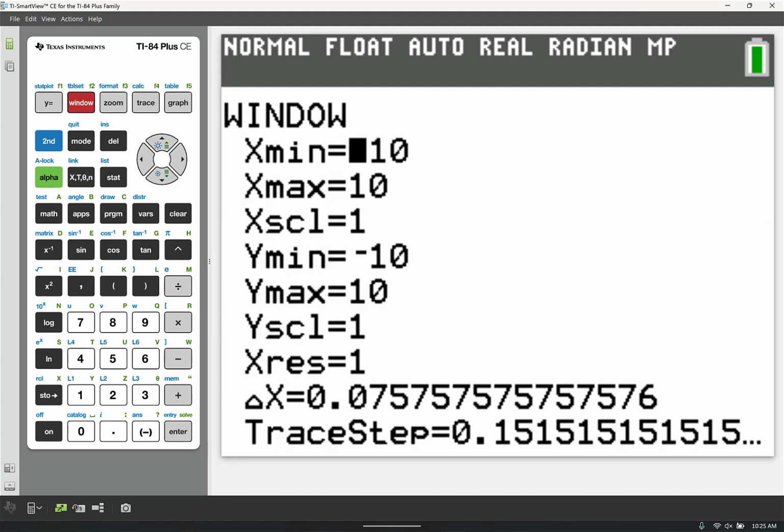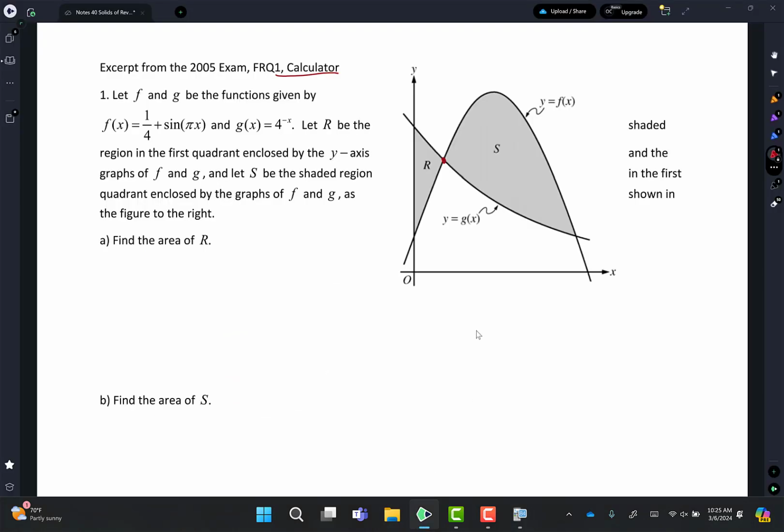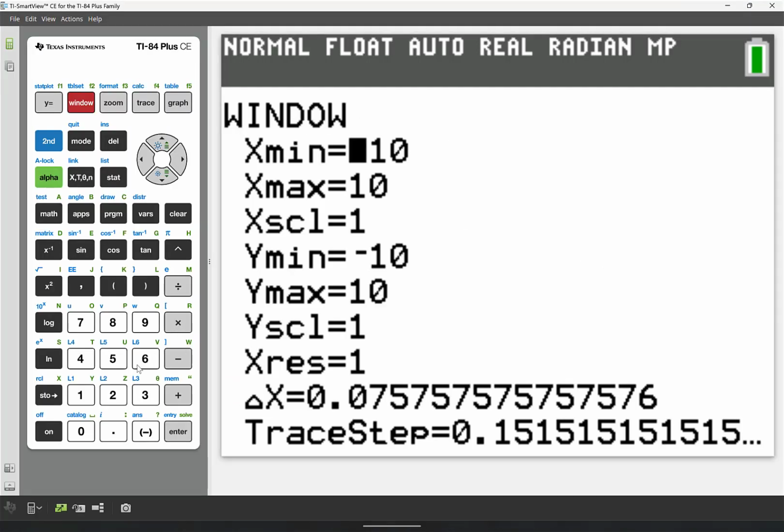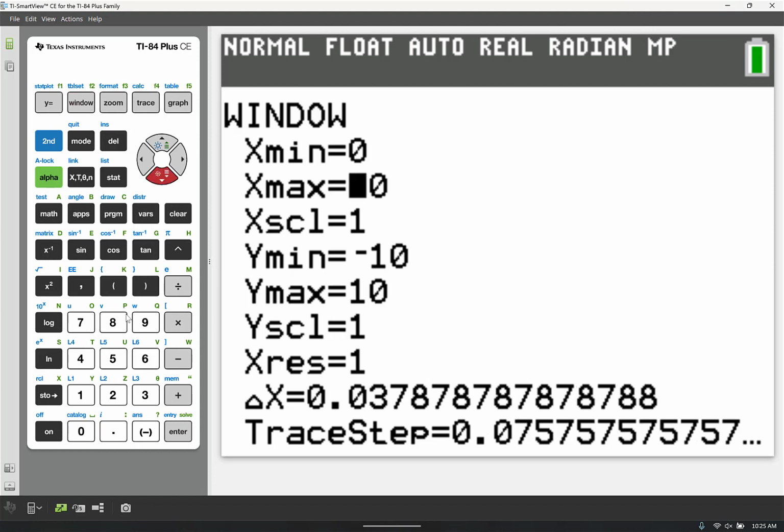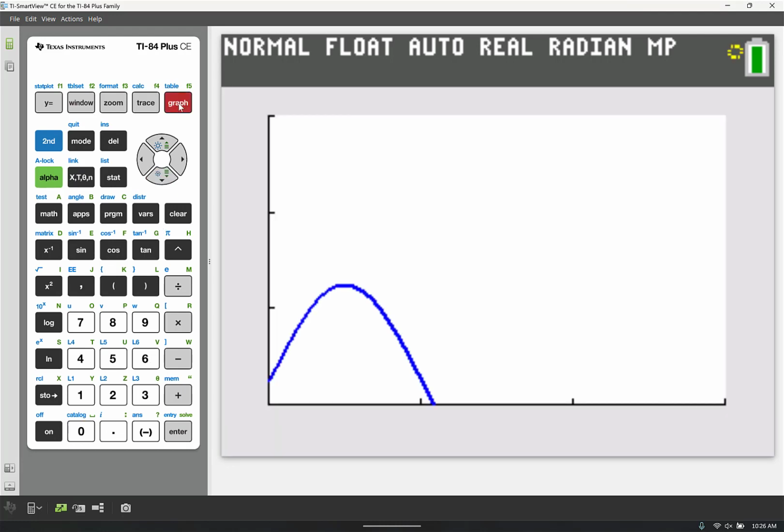Perfect. I just care about the first quadrant, so I'm going to put my window to the first quadrant. I'm going to go 0 to 3, and I might have to reduce it a bit. Yeah, let me reduce it a lot.